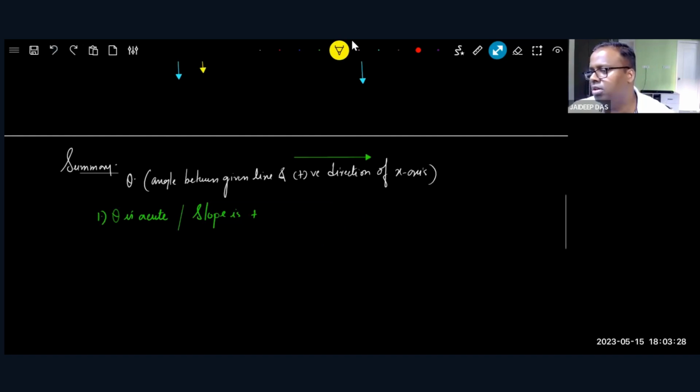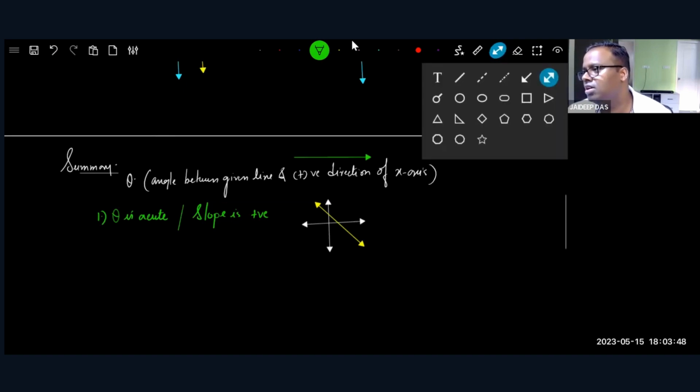You may get confused with colors. The slope is positive, so let me draw it in white. Let the line be like this. And where is the positive direction of the x-axis? You can draw it anywhere. Sir, where should I draw? Draw anywhere, it's your territory.